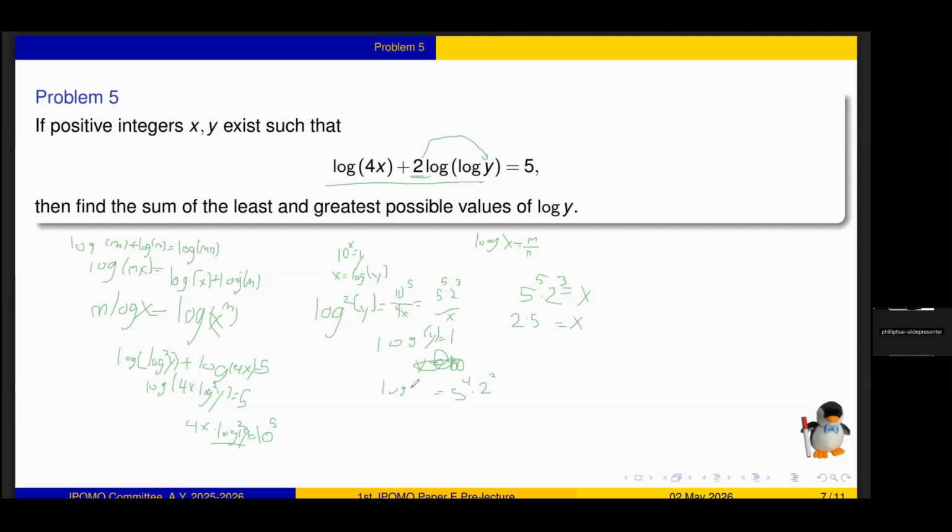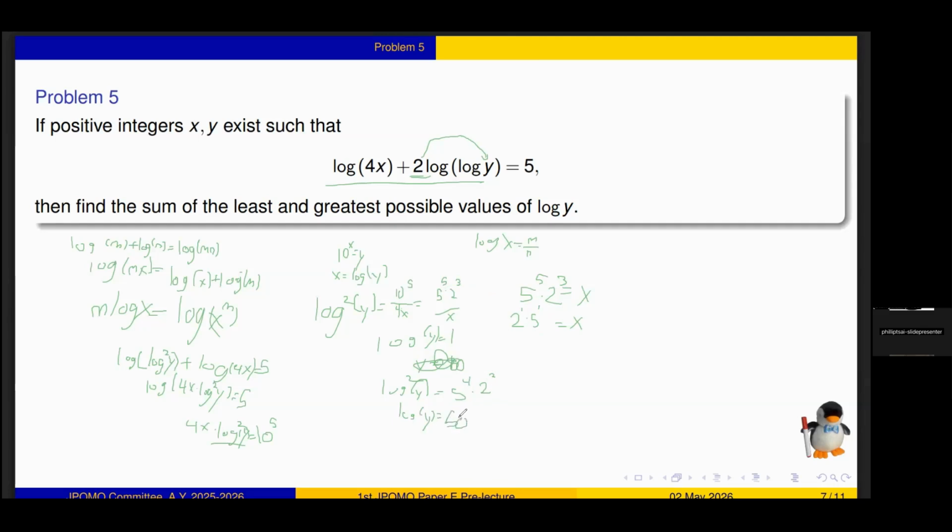Either way though, log squared of y is equal to 5 to the 4 times 2 squared. By the way, we got this value just because we want this exponent to be even, and we want this exponent to be even. So we make this the largest even number less than the exponent. So we choose 2 to the 1 and 5 to the 1. Either way, we have log of y equal to 5 squared times 2, which is 50.